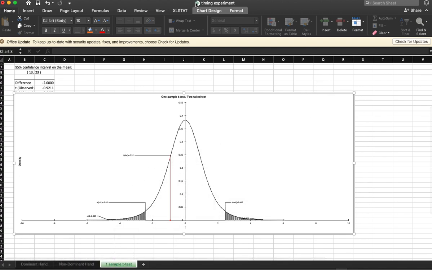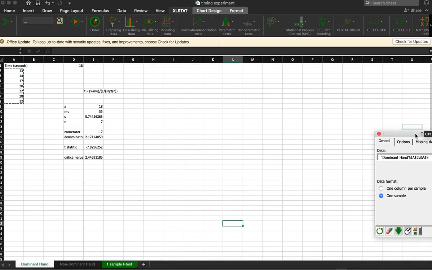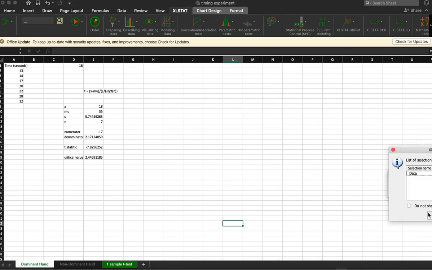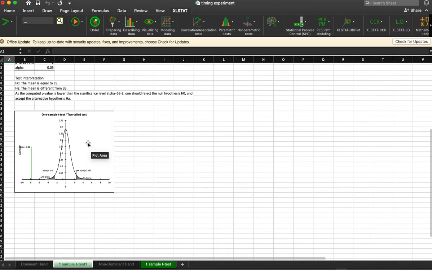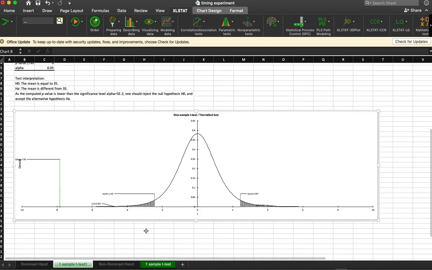Let's repeat this, but let's go back to our hypothesized mean of being 35. Okay, so this is assuming the mean is 35. And the values that we get would be out here, right?